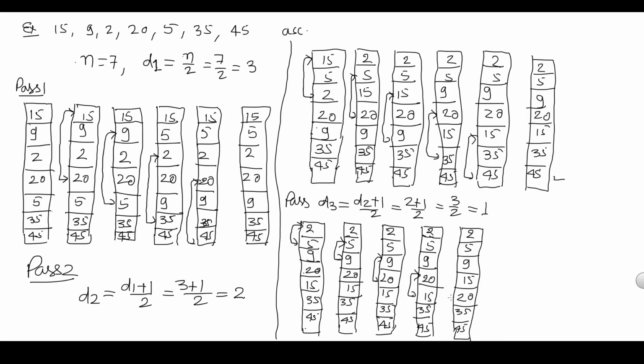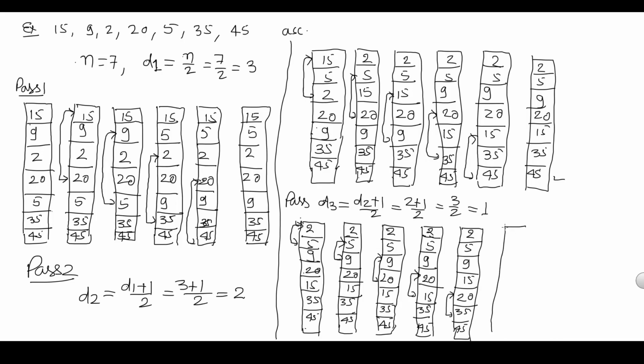Next we will compare, because we have compared the element at this position, so we will increment I and we will compare the element 20 with 35. See here, this is I, and it is increasing one by one because D equal to 1. Here also 20 is less than 35, so no swapping is required.